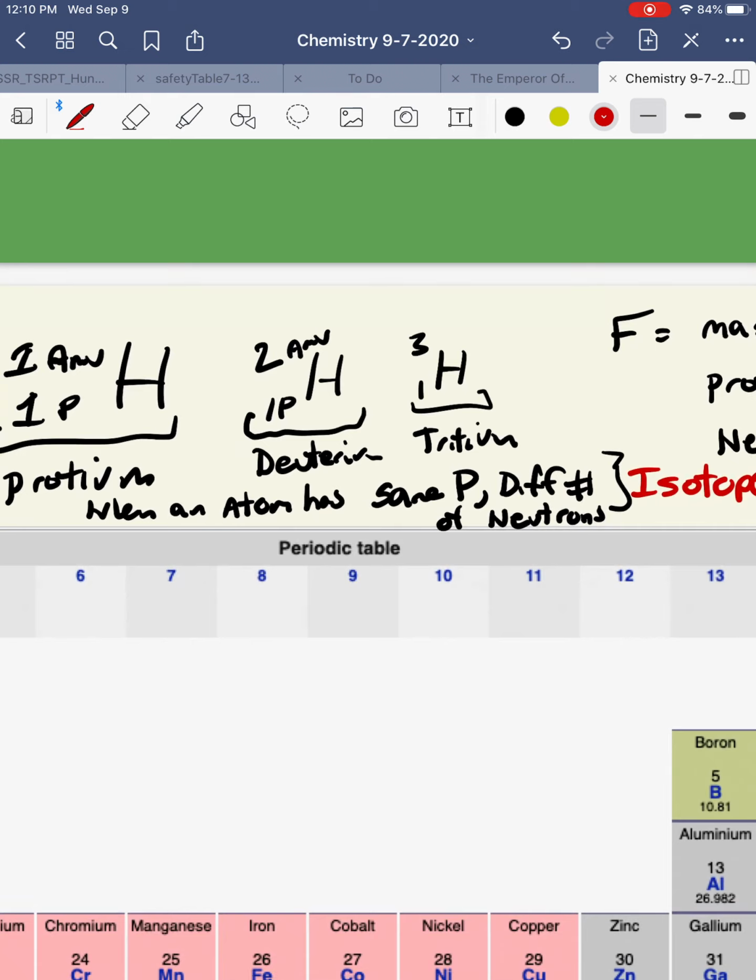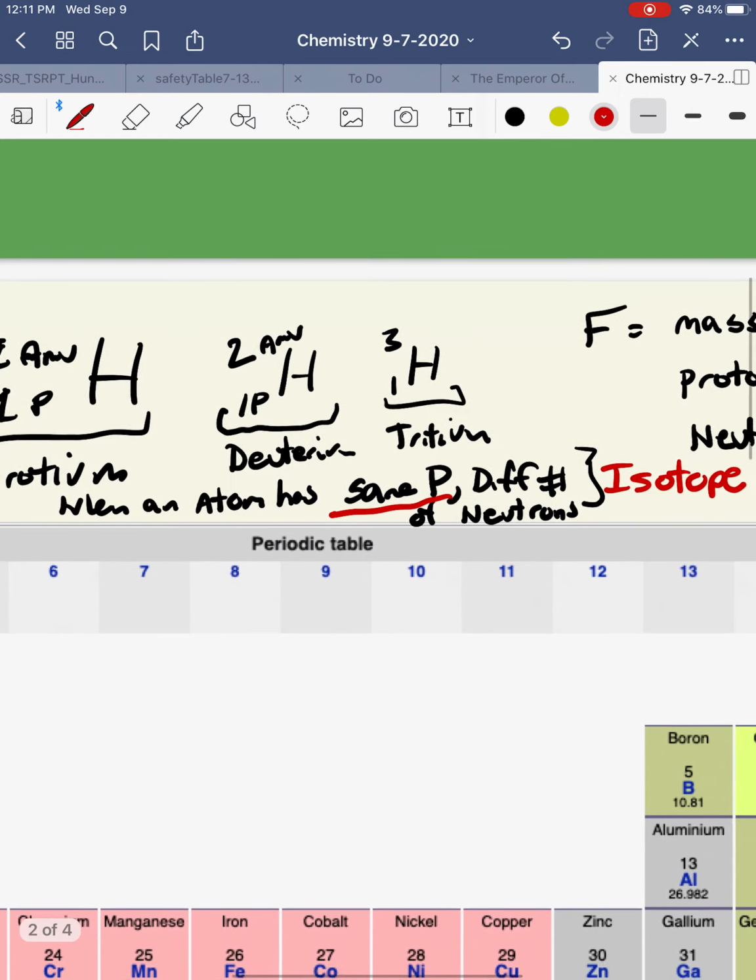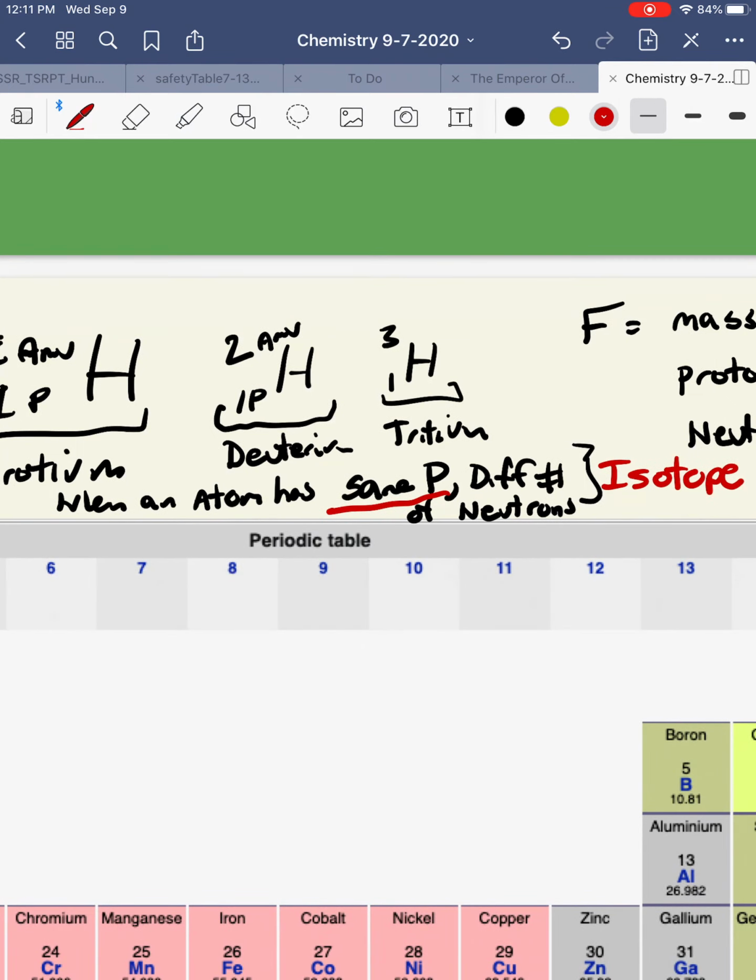Another way to say this is you can have the same element, which is the same number of protons, but they have different atomic mass numbers. Because what is really determining the atomic mass, right? Well, it's the protons plus the neutrons. Well, the protons are the same, but the neutrons are different, right? So for isotopes, you can either say it's the same atom that has the same protons with differing number of neutrons, or another way of saying an isotope is the same protons but different atomic mass.